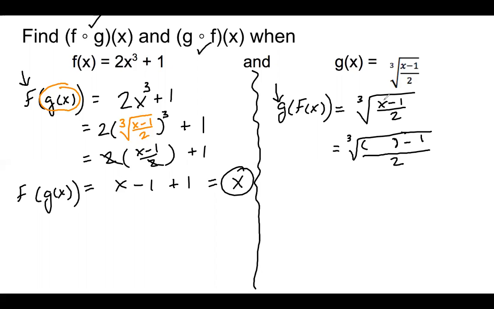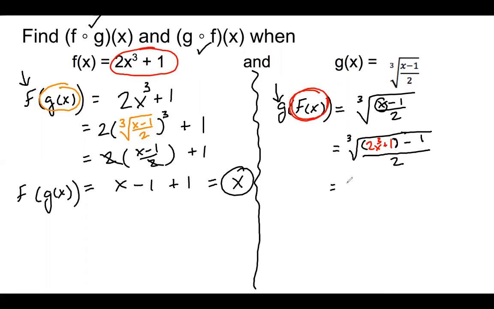So now, we're taking x, we're replacing it with this empty parentheses, and what are we plugging in? We're plugging in f of x, which is the inner function. So f of x was our 2x cubed plus 1. So 2x cubed plus 1 goes in. So now we have to do some simplifying.